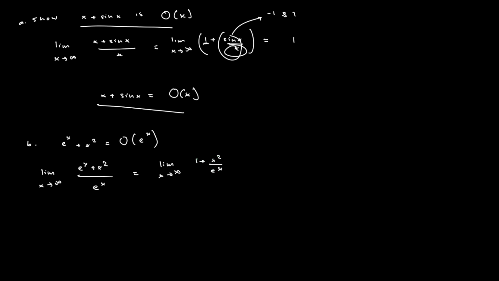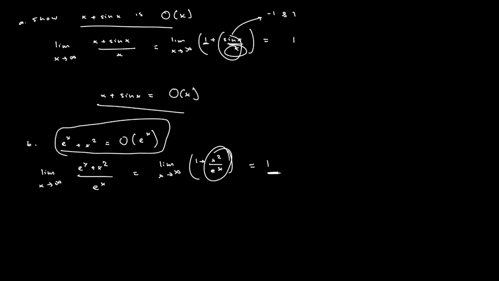And in a previous problem, we showed how x squared grows slower than e to the x. So this limit will simply tend towards 0. So we also get 1 in this case. And because we evaluated it to a constant, this statement is true.